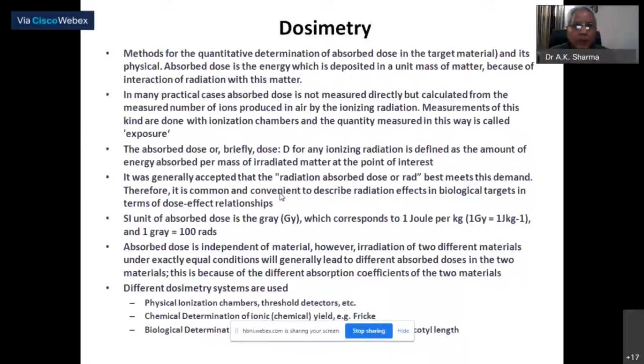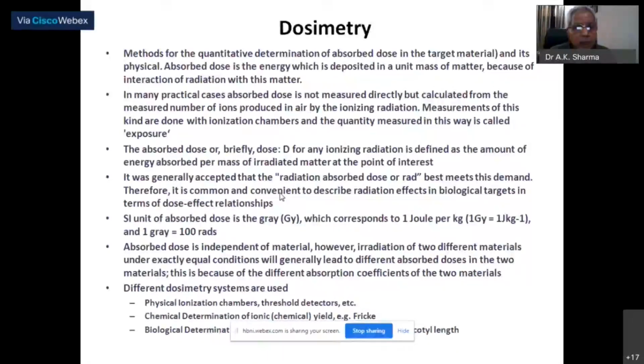So it's a physical entity which is interacting with a chemical entity, and we can make out what changes it has caused in the matter, and because of that absorption of a physical entity into a chemical entity, the kind of changes it has caused in the matter can be quantified. In many practical cases, absorbed dose is not measured directly but calculated from the measured number of ions produced in air. So it can also be done in air by the number of ionizations which it has caused in air.